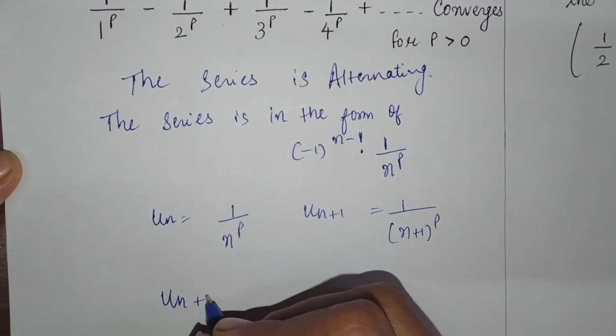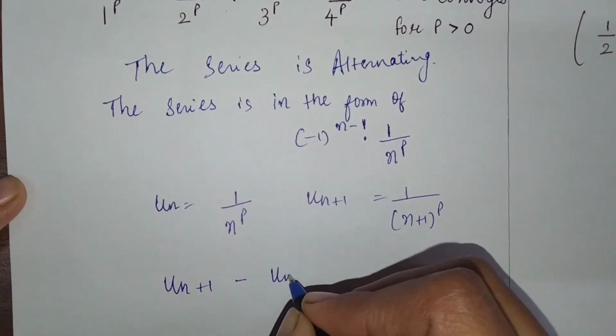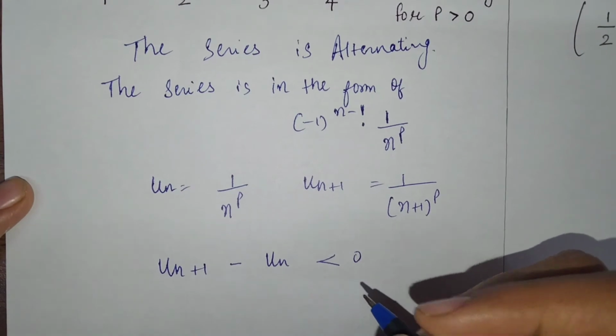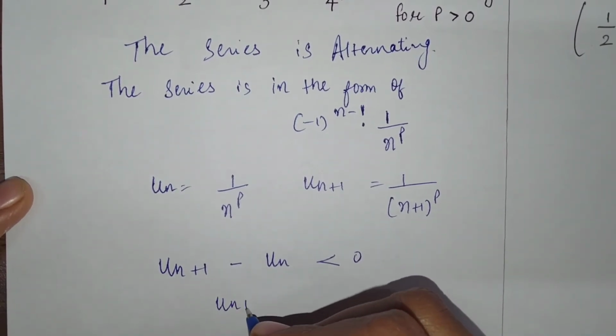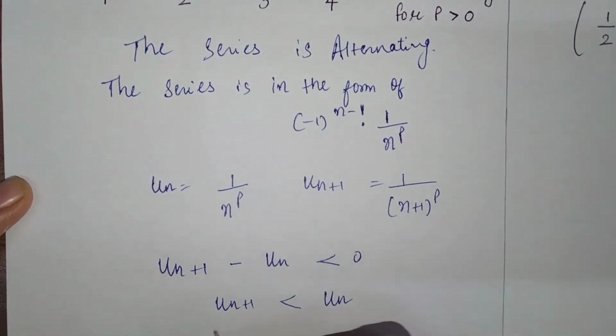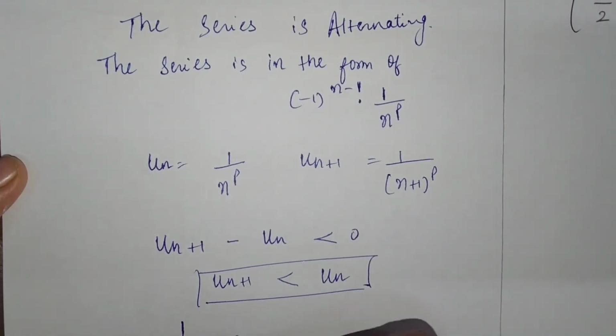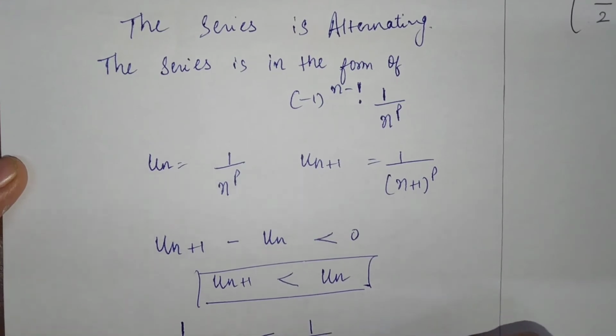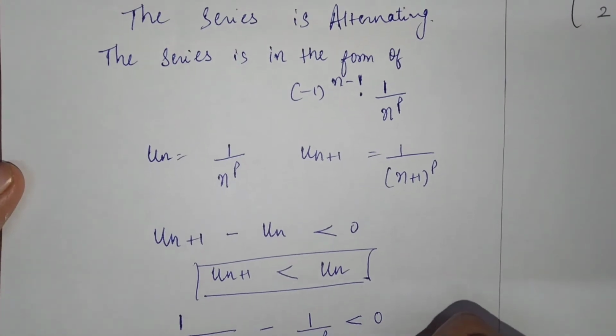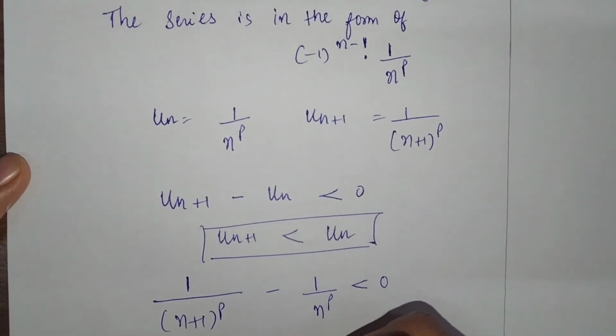So we can write un plus 1 minus un should be less than 0. Then only we can say that this condition will be satisfied. So we will check this condition. 1 by n plus 1 whole raised to p minus 1 by n raised to p is always less than 0. So we can say that this condition is satisfied.